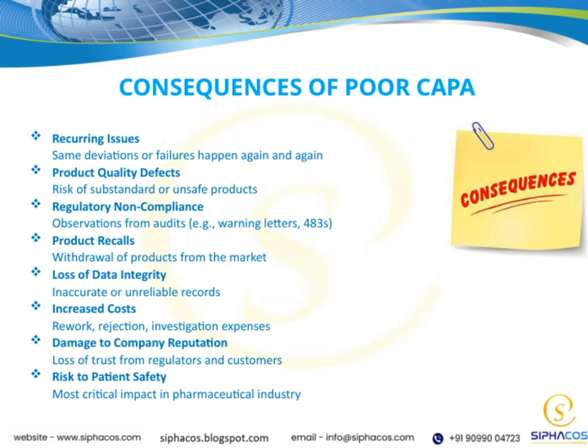Finally, and most critically, in the pharmaceutical industry, poor CAPA directly risks patient safety. That's the ultimate consequence we need to avoid at all costs. So, understanding these consequences highlights why effective CAPA is essential, not just for compliance, but for safeguarding our patients, our reputation, and our long-term success.